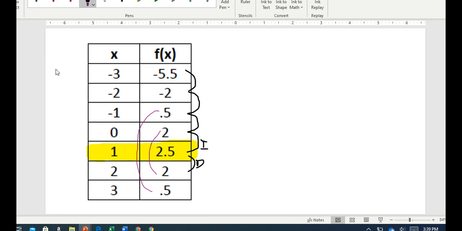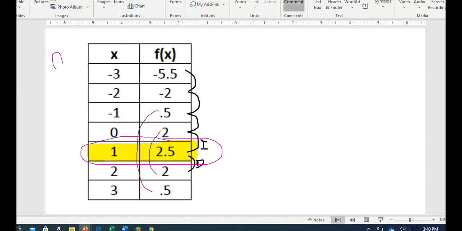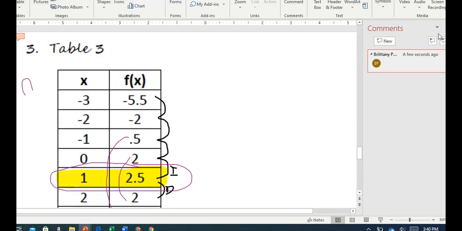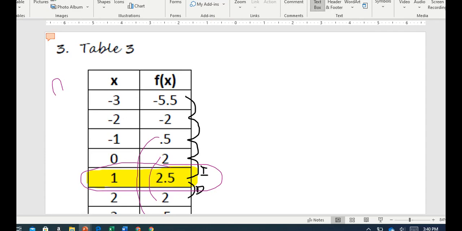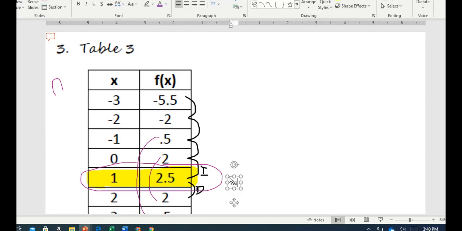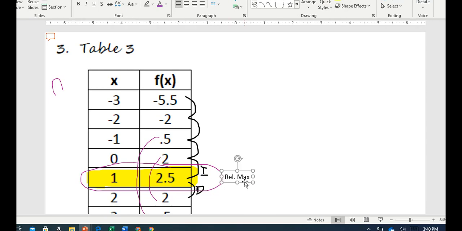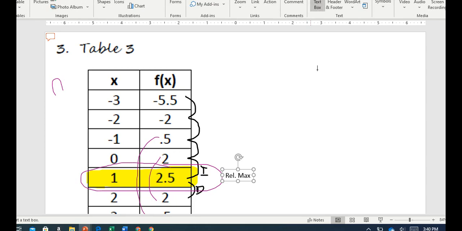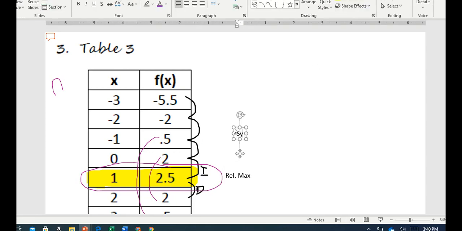So in your head, if you're visualizing, increase to decrease means this point right here, 1, 2.5, is a relative maximum. With that relative maximum, we can also go ahead and say that there is symmetry right here as well.